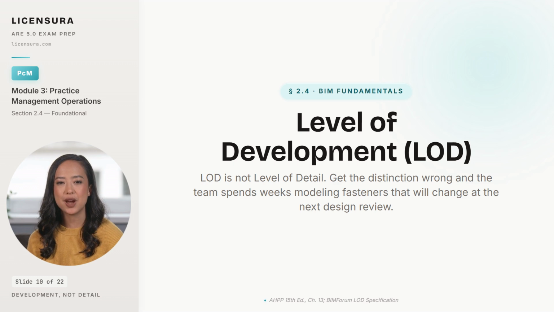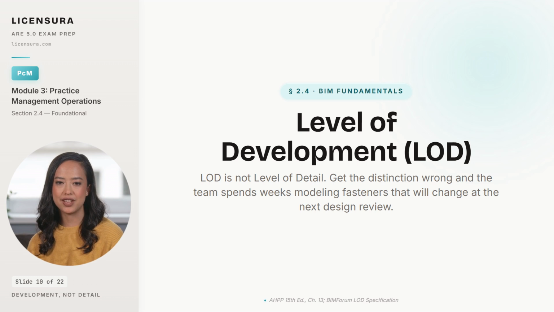An architect who models every fastener at SD has invested weeks in geometry that carries no reliable information, and a missed coordination from that wasted detail can drive a lawsuit straight back to the firm. Per the BIM Forum LOD specification, LOD does not formally equate to AIA design phases. The project's BIM execution plan, or BEP, defines what LOD is required at each phase.